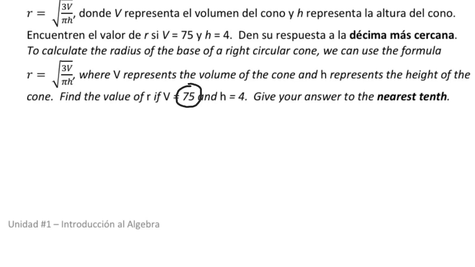And we're going to draw an arrow to that variable. What's the variable? V. Draw an arrow to V. We have another number that we need to circle. 4. Draw an arrow to that variable.